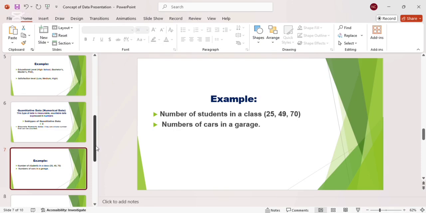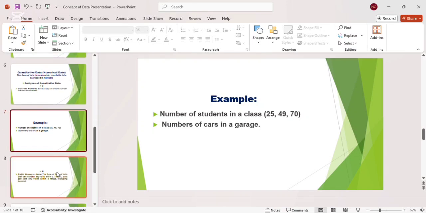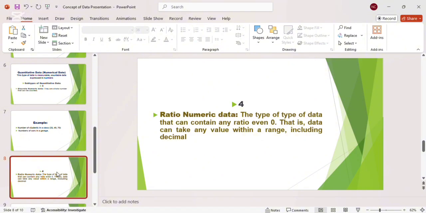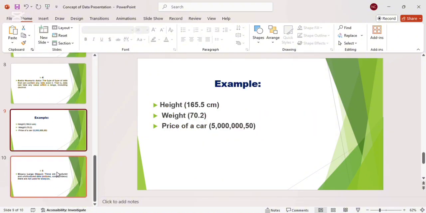Number 2, ratio numeric data. This type of data can contain any ratio, even 0. That is to say that this type of data can take any value within a range, including decimals. Unlike discrete numeric data that doesn't have fractions in it, ratio numeric data can contain ratios, even 0.